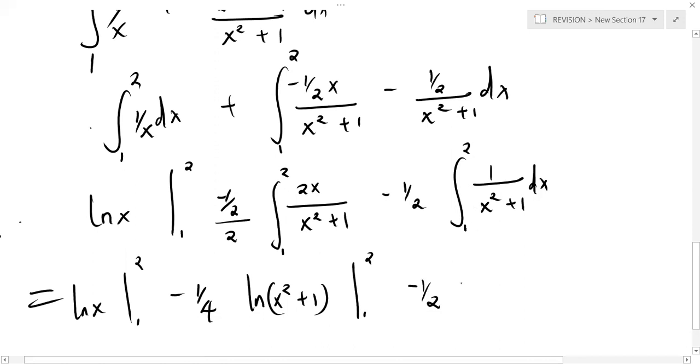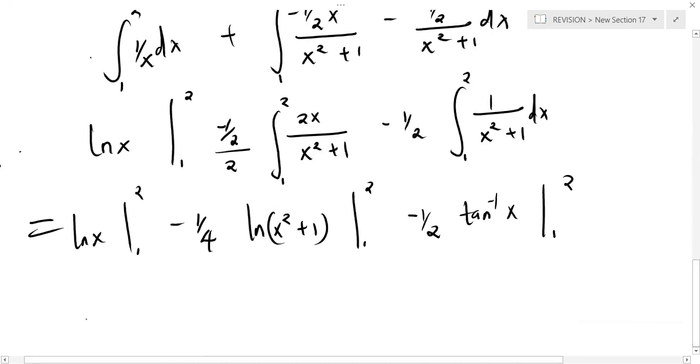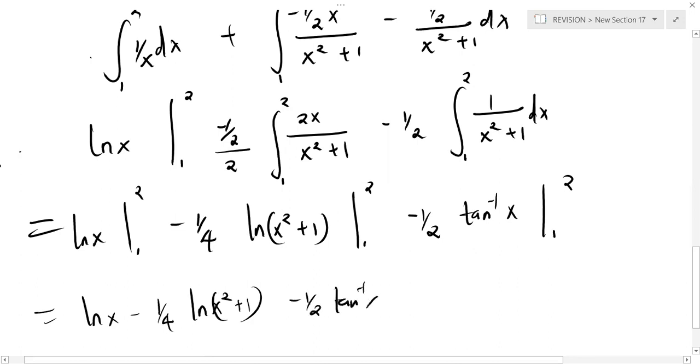The integral of this is tan inverse x from 1 to 2. So we can just write this and then replace the ranges. We have ln x minus a quarter ln of x squared plus 1 minus a half tan inverse of x, from 1 to 2.